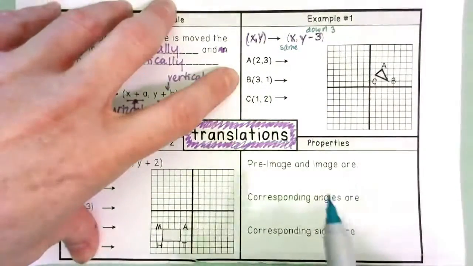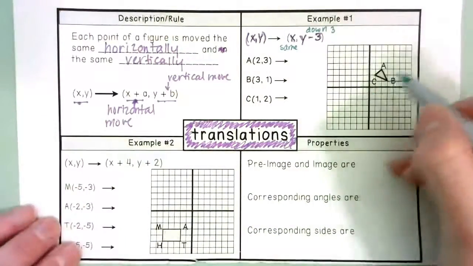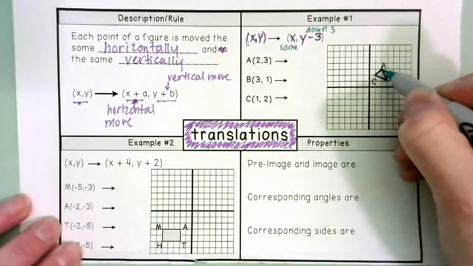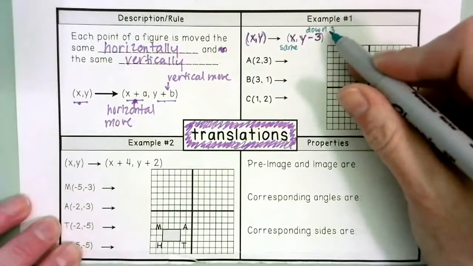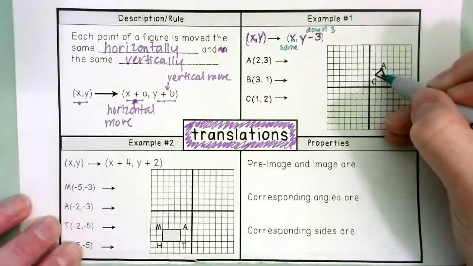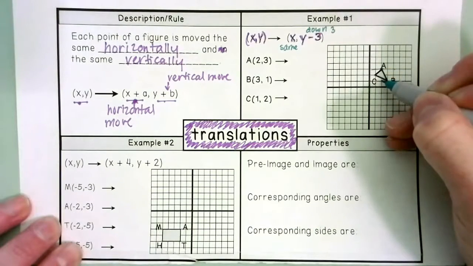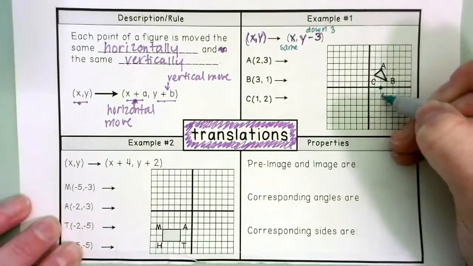So we'll fill in our points in just a second, but we'll start at A. My x doesn't move, but my y goes down 3. 1, 2, 3.